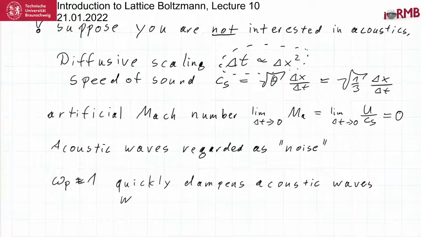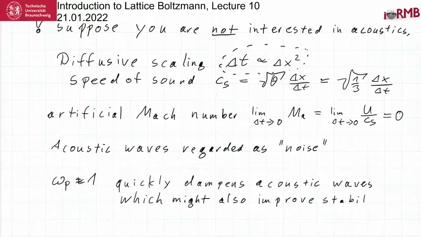And this removal of acoustic waves often also improves stability of your method. And by improving stability, you may be able to increase the omega for the Navier-Stokes equation to a larger value, which means you can increase your efficiency.